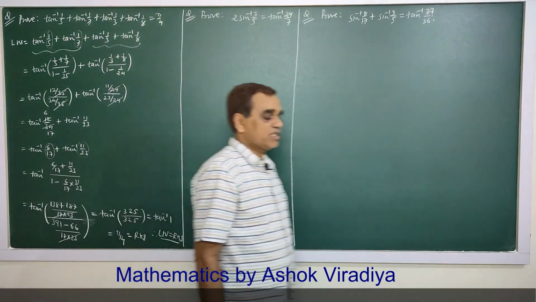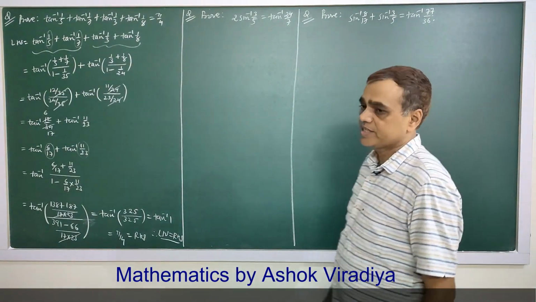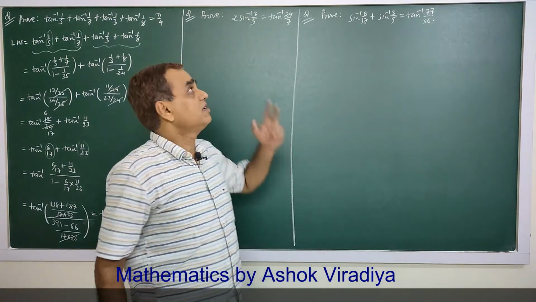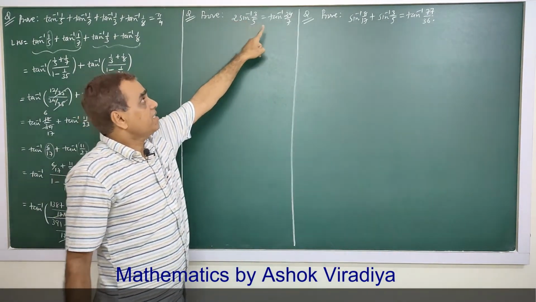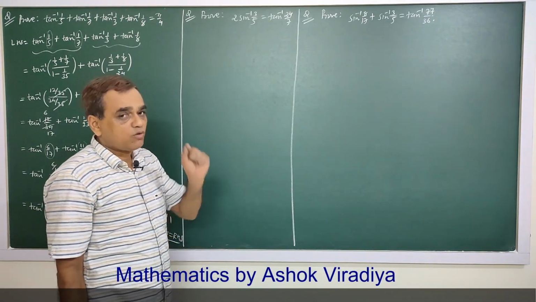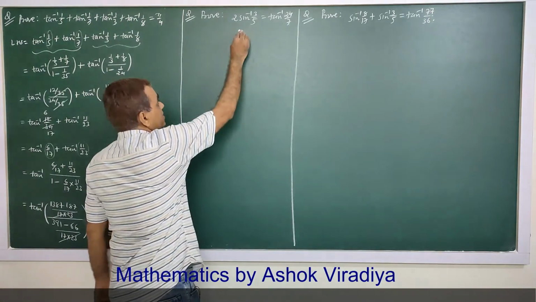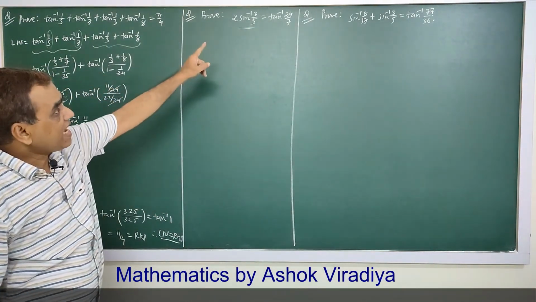Now in this question, the left hand side is in terms of sine inverse, and the RHS is in terms of tan inverse. So what we are doing is converting this number into tan inverse.